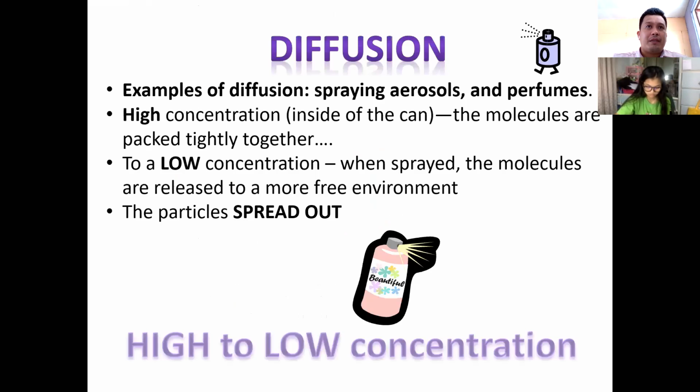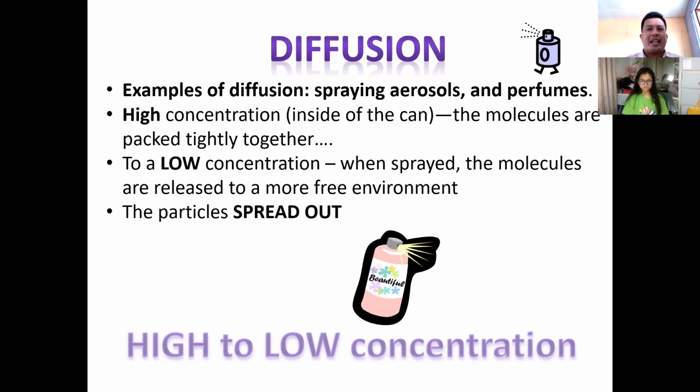Examples of simple diffusion we have aerosols and perfumes. Spray paint, if you notice. Aside from the paint itself that is being sprayed, it also contains scent that will be distributed all throughout the area once you use the spray paint. Notice when we had our activities and the senior high got to use spray paints?